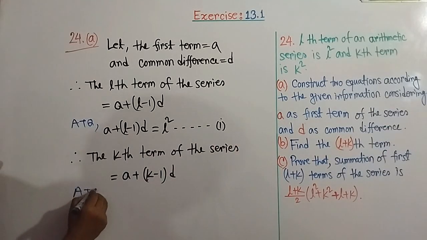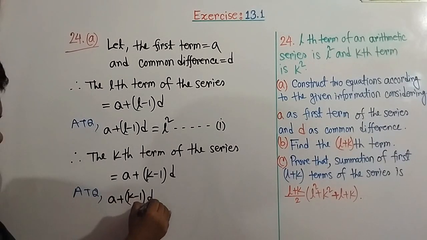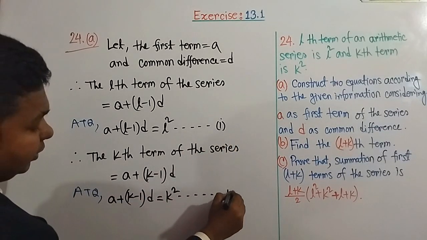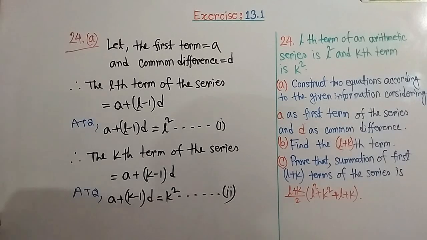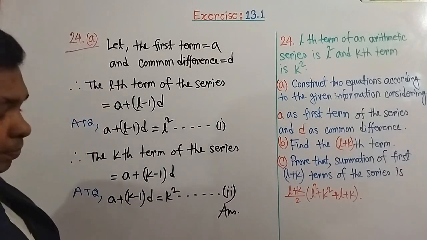So ATQ, according to the question, here a + (k − 1)d equals k². We denote this as equation number 2. Here equation number 1 and equation number 2 are our required two equations. So those are the required answer.